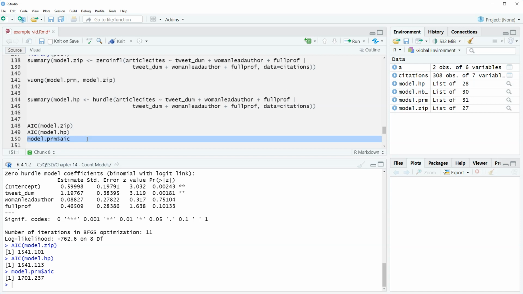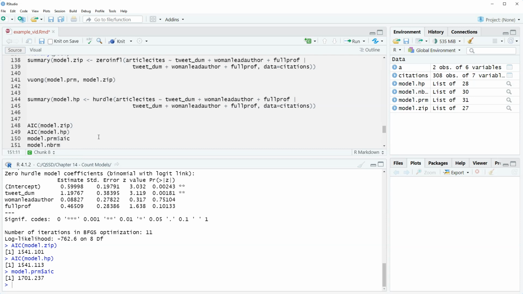Okay, so when we compare them with AIC, the preferred model is the one with the smallest AIC. So we see that the Poisson regression model is much bigger than both the zero-inflated and hurdle. Lastly, let's look at the negative binomial.